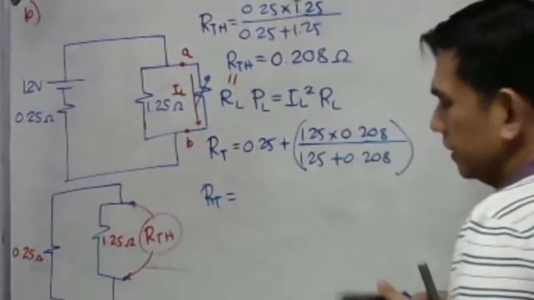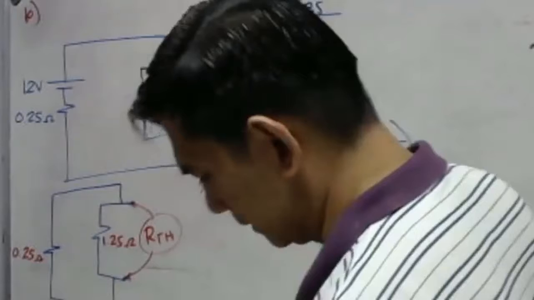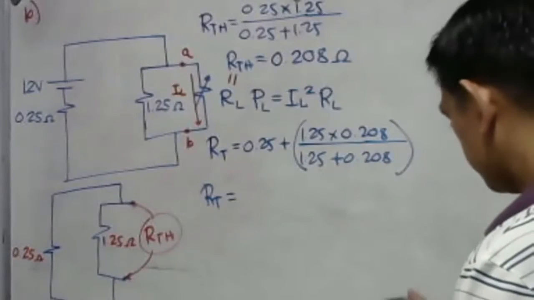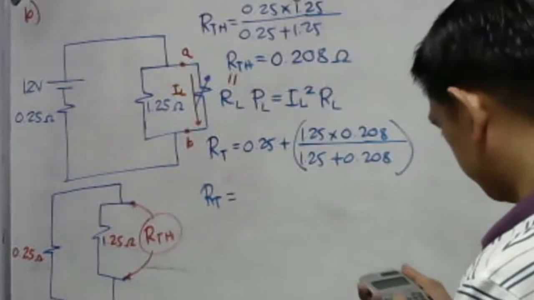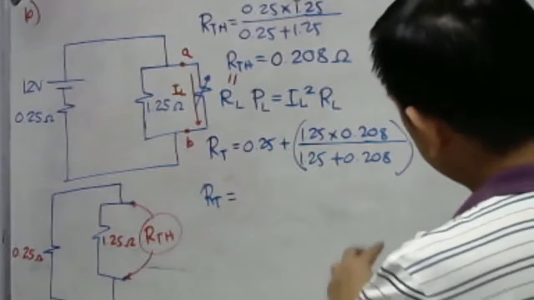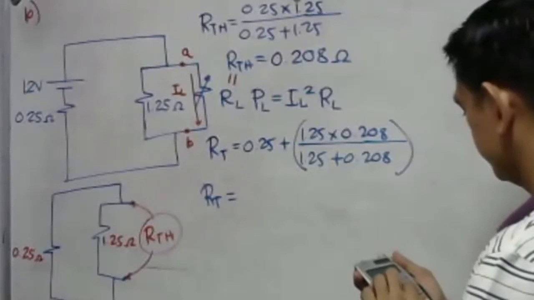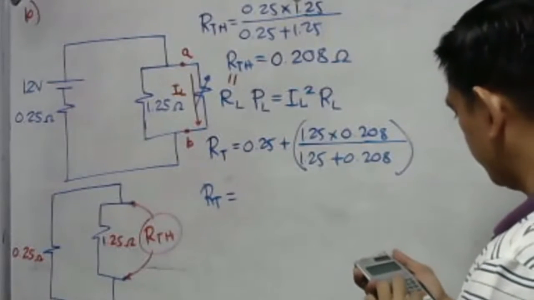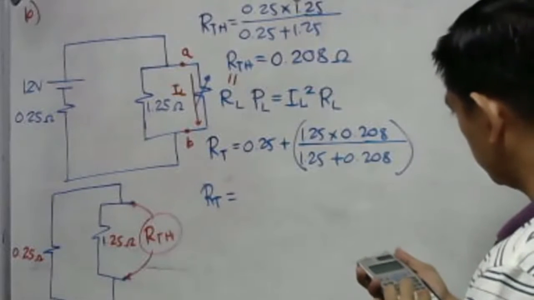Okay? So, let us calculate. 1.25 times 0.208 then divided by 1.25 plus 0.208.